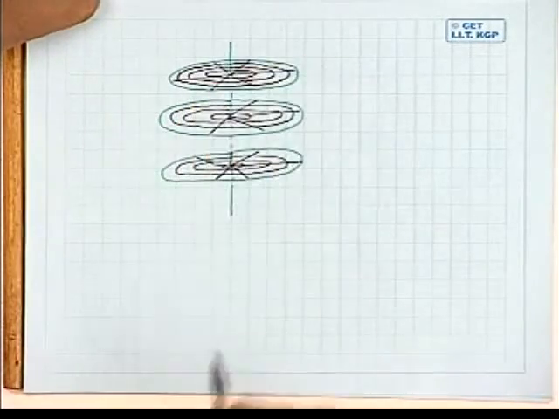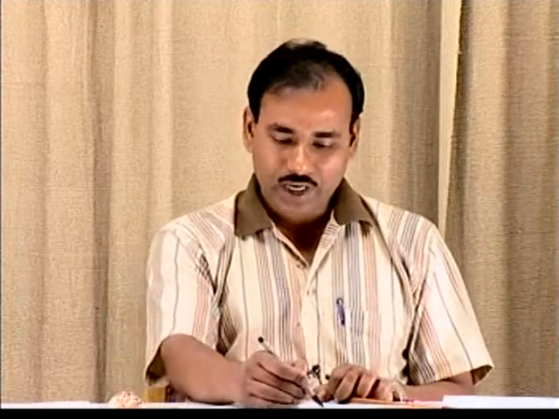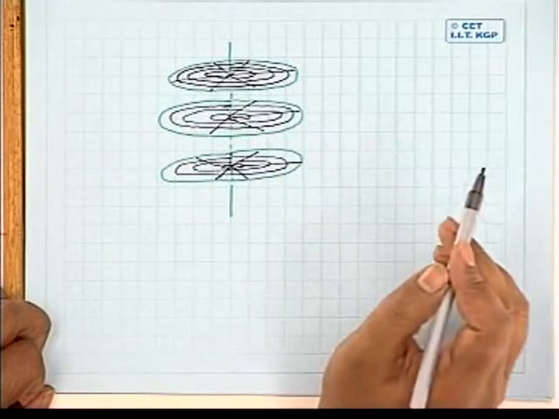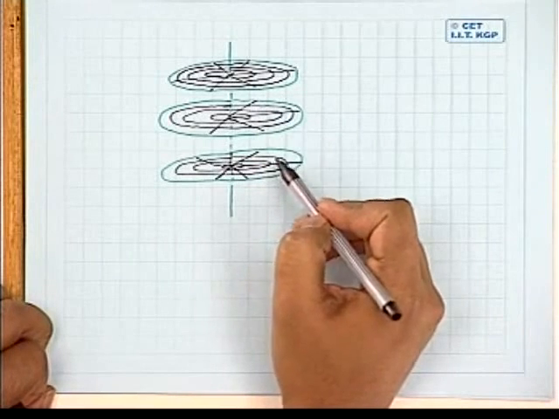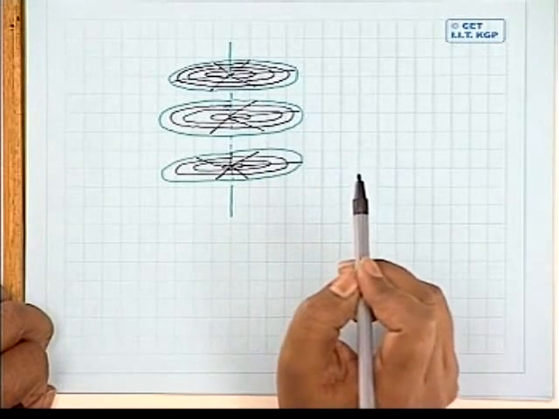And again here, the number of read-write heads that you need depends upon the total number of surfaces on this stack which contain data. So if each of these disks is a single-sided disk, then I need only 3 read-write heads. If each of these disks is a double-sided disk, then I need 6 read-write heads.